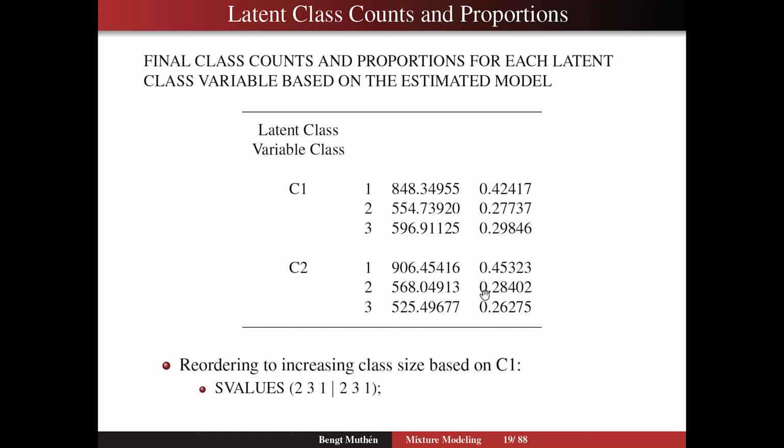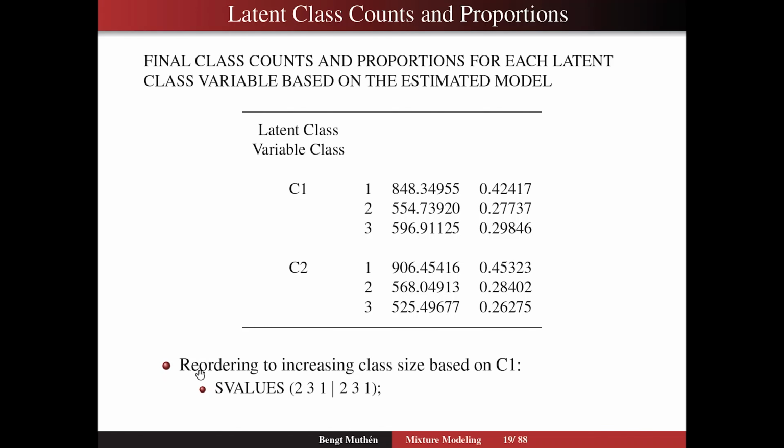So that's all right. Now we may want to reorder the classes. Typically we want to have the biggest class last, because that's the class we compare to. So for ease of interpretation, we may want to put that normative class last. It doesn't change the analysis results, except maybe making them more easily interpretable.